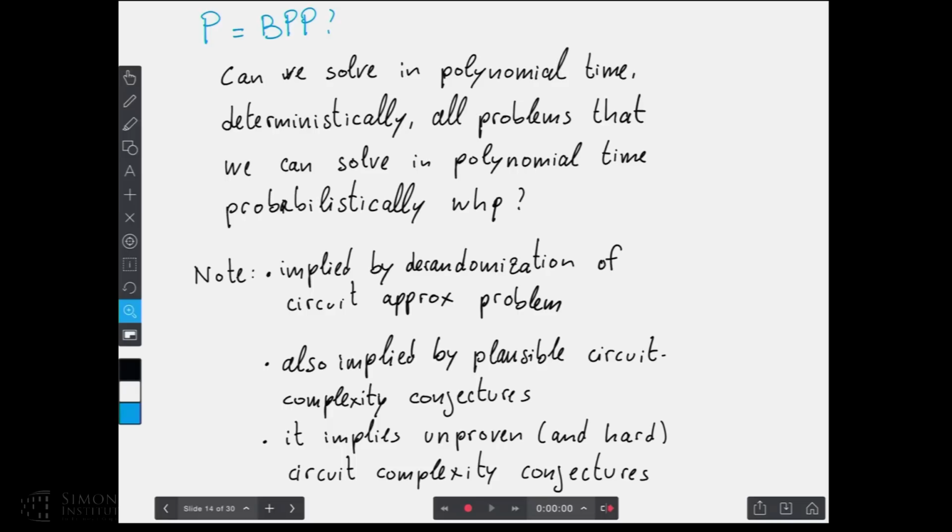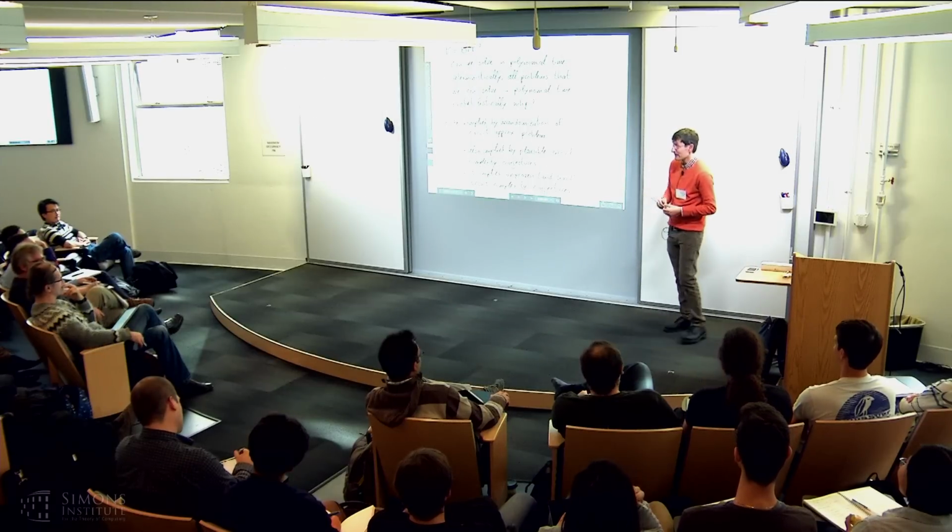Unfortunately, it also implies certain circuit complexity conjectures, which seem very hard. So it's unlikely that we will see progress on this problem in this program. Hopefully we will see progress on this problem.